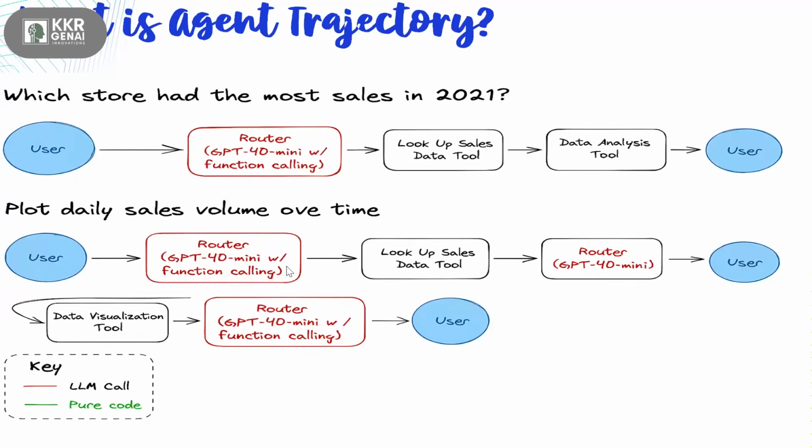So this is where the router will first connect to the database and collect the sales data for the particular time period. Then the router will again identify that this is data visualization, so the data tool will be connected to the data visualization tool and send the information.